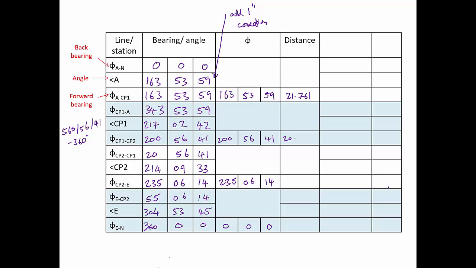The average distance is 20.562. And the distance from CP2 to E, measured from CP2 and then from E, face left, face right both times, was 27.211.